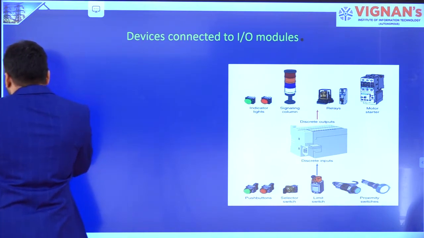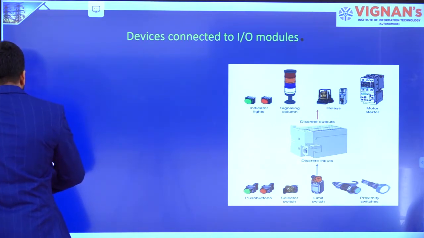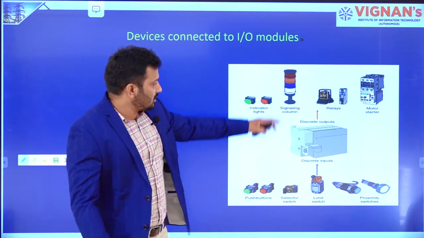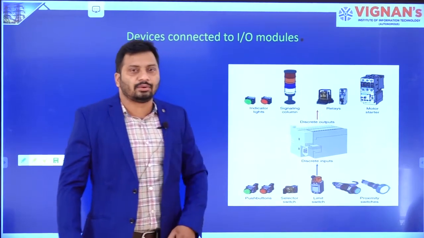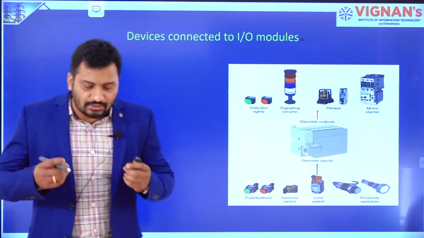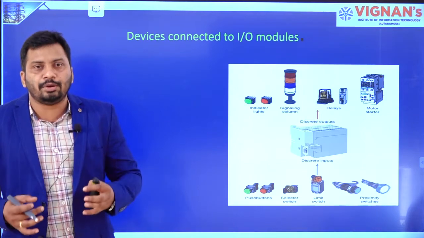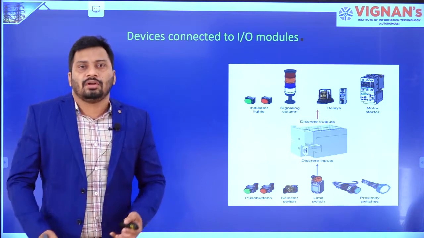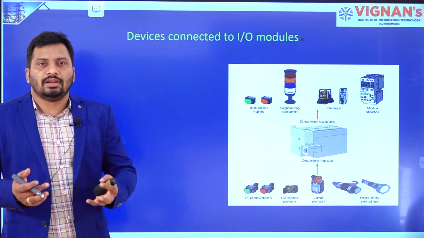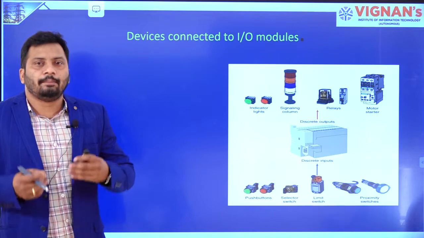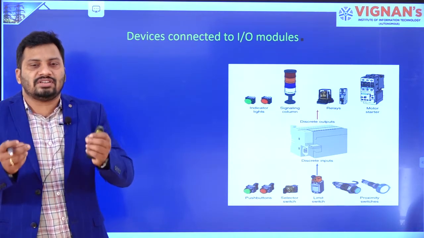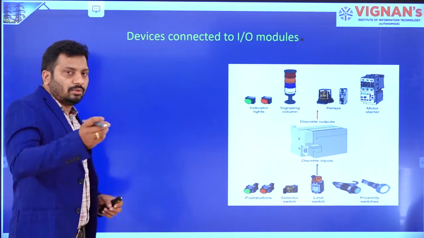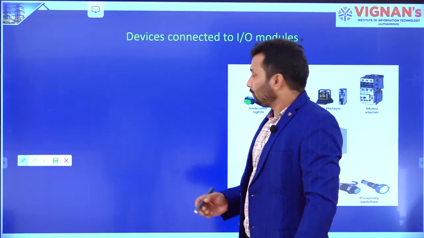Before discussing how we connect the input and output devices to the I/O module, we will check how the input module takes a signal and how the output module controls the output device. We already discussed a little of this in the previous class, but now, by taking one switch, we will see how it gives a signal to the CPU.